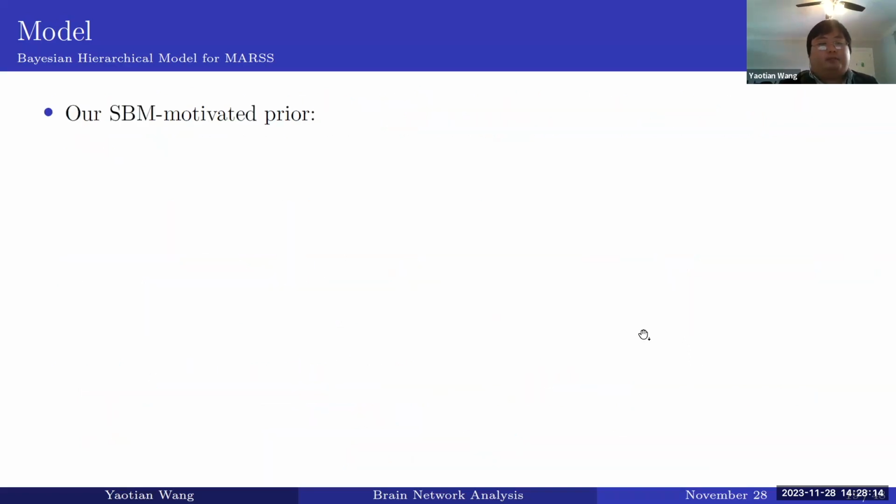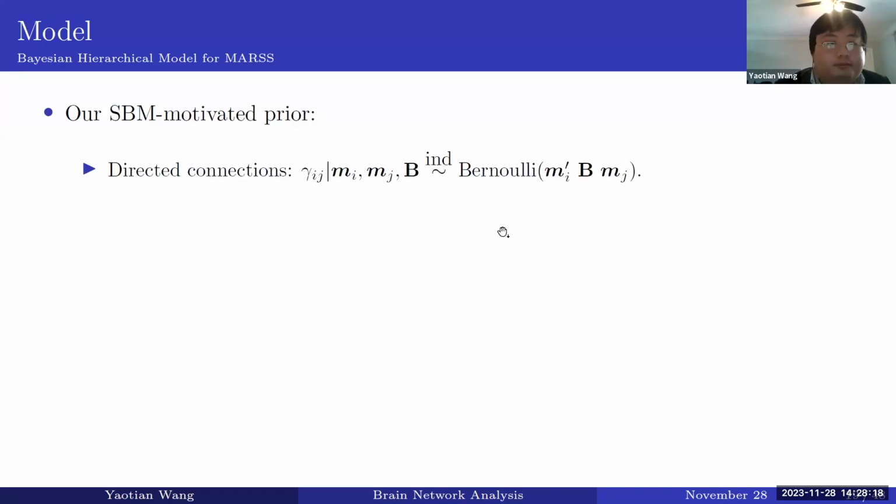Now let me explain our stochastic block model motivated prior. For the binary indicator of directed connections, gamma ij, conditional on module labels and the prior probability matrix, they independently follow a Bernoulli distribution.